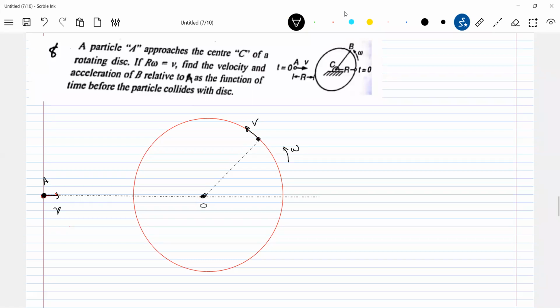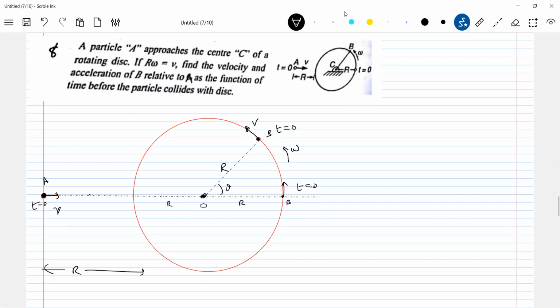Center, take this angle theta. At t equals 0 the particle is here. After some time, when the particle arrives here, where will this particle be?